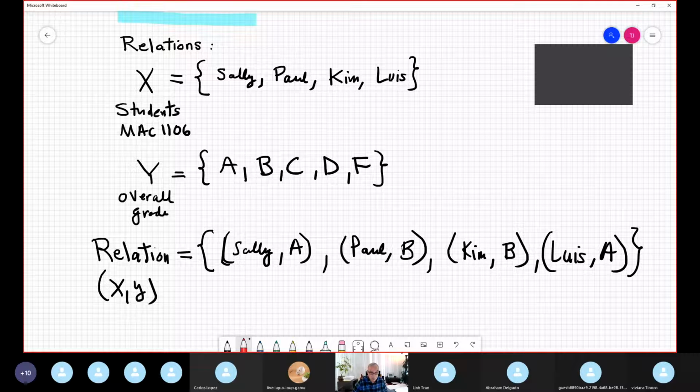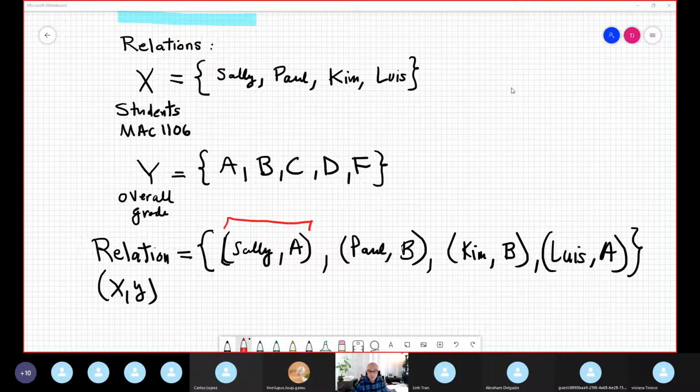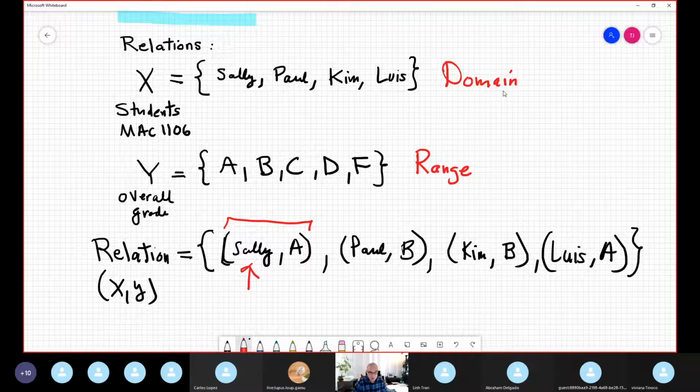For one ordered pair, it's extremely important, the order. For example, this is the domain because it's the first set. And this is the range because it's the second set. So first component, domain. Second component, range.